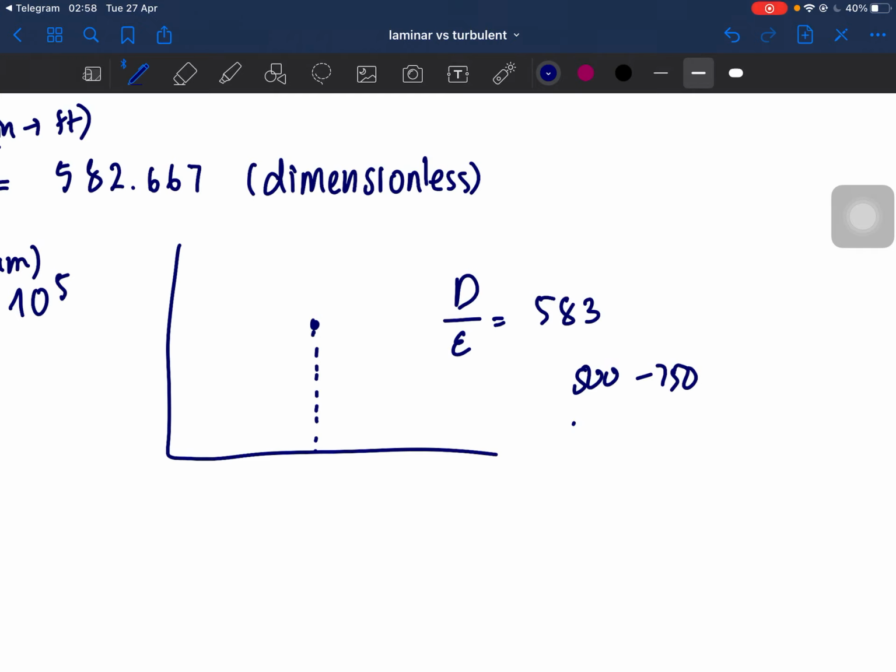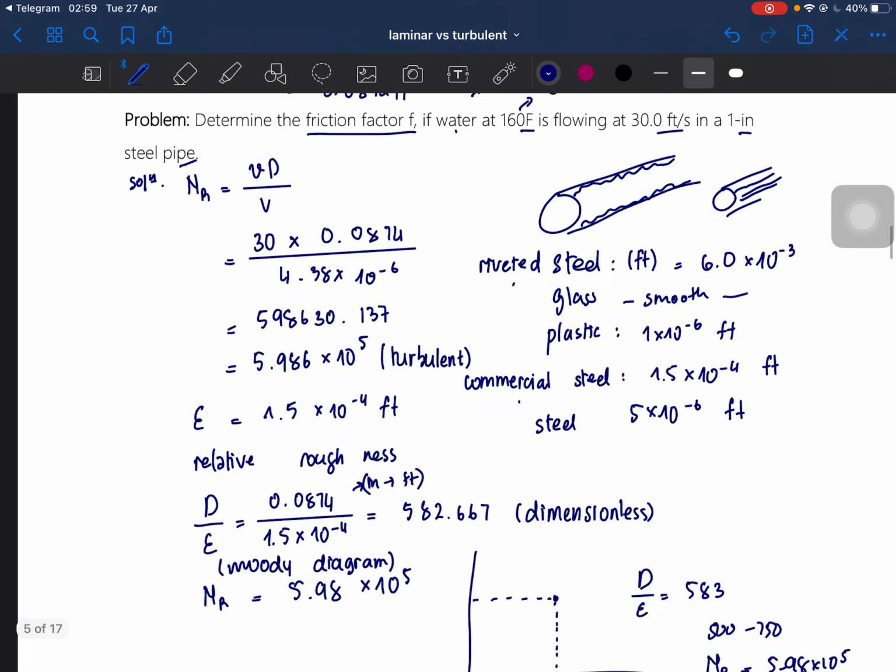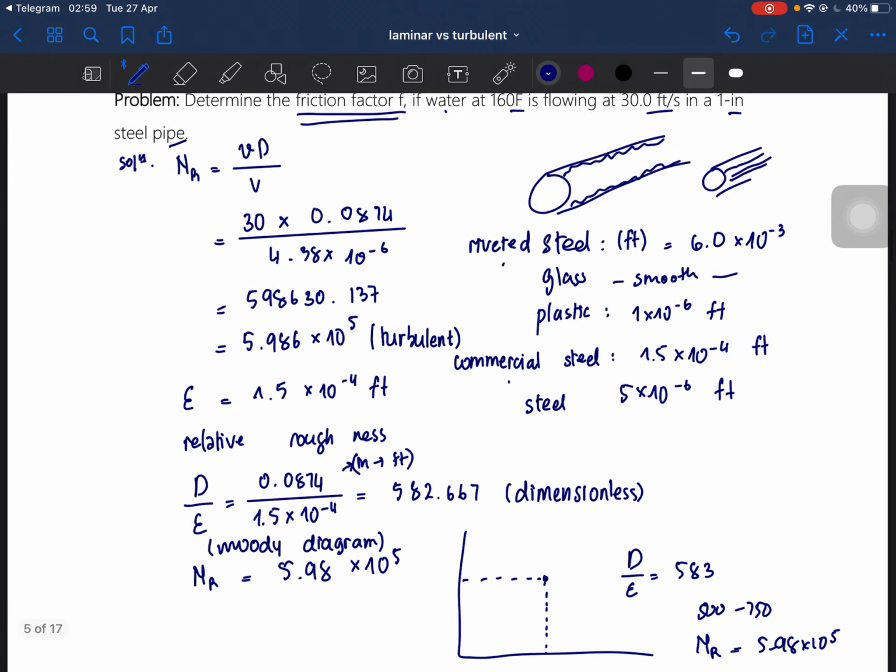So on the vertical line, NR is equal to 5.98 times 10 to the power. Project horizontally to the left, and you will read the value f equals 0.023. So the question is, determine the friction factor.